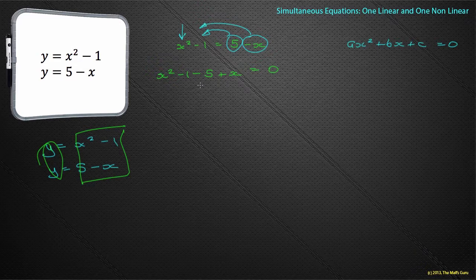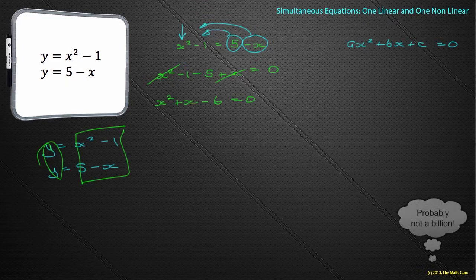A little bit of simplification: I'm going to write my terms in order now, so there's my x squared term, I've got a plus x term, and minus 1 minus 5 is minus 6, that's equal to 0, and now I have a quadratic. There are a billion different ways of finding the answers, but what I do is something called the T method.